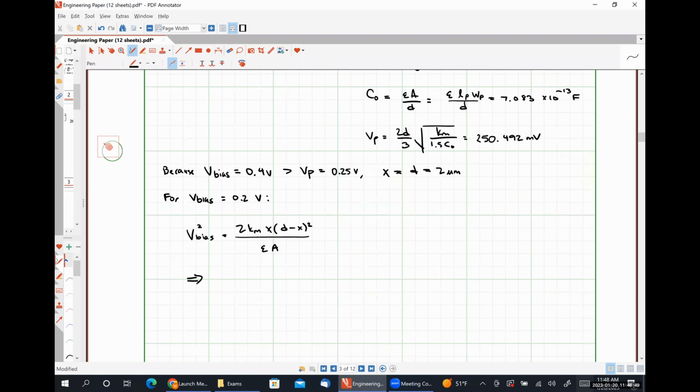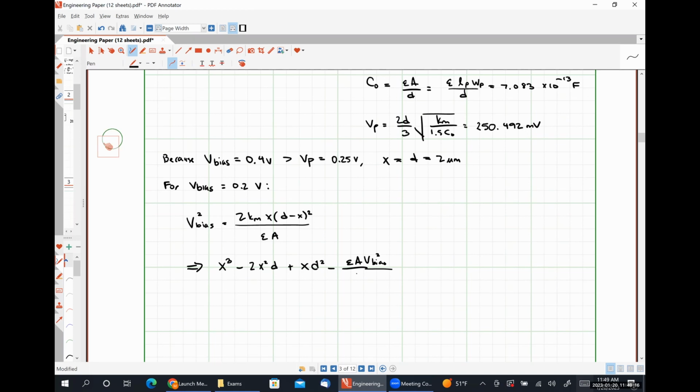If I effectively expand everything out, what I'm going to wind up having is x cubed minus 2x squared d plus x times d squared minus epsilon A times V bias squared divided by twice Km will be equal to 0. Okay. So we have a third order polynomial.